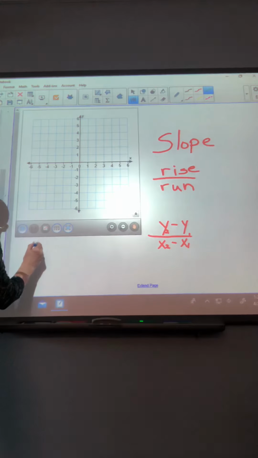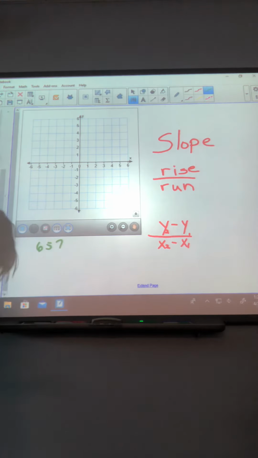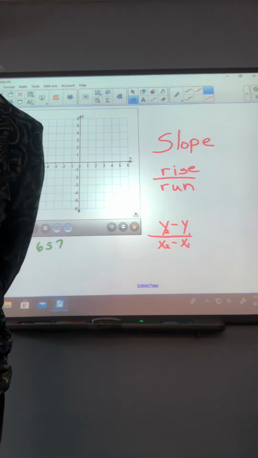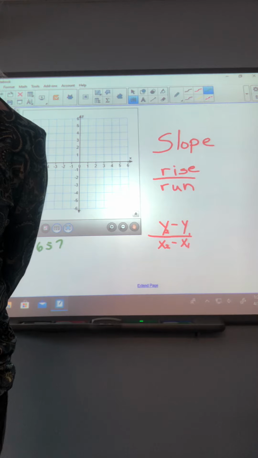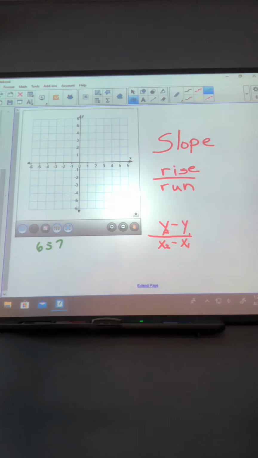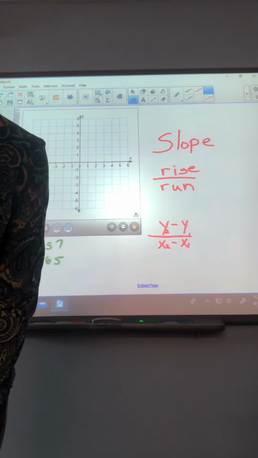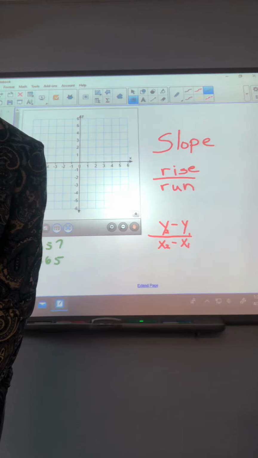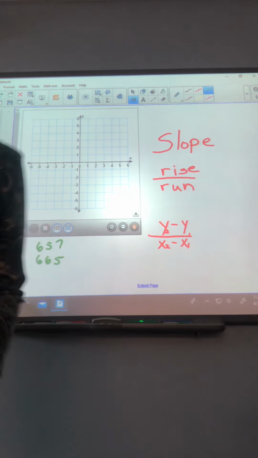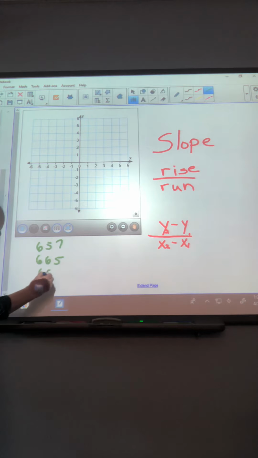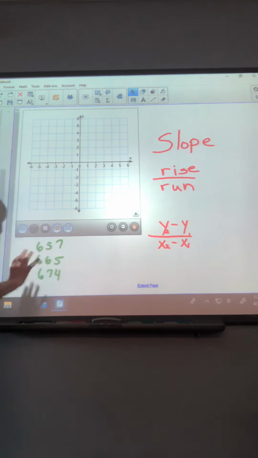We're going to start on page 657, and then we're going to move to page 665, and 674. So those are the three areas that we're going to be working on.